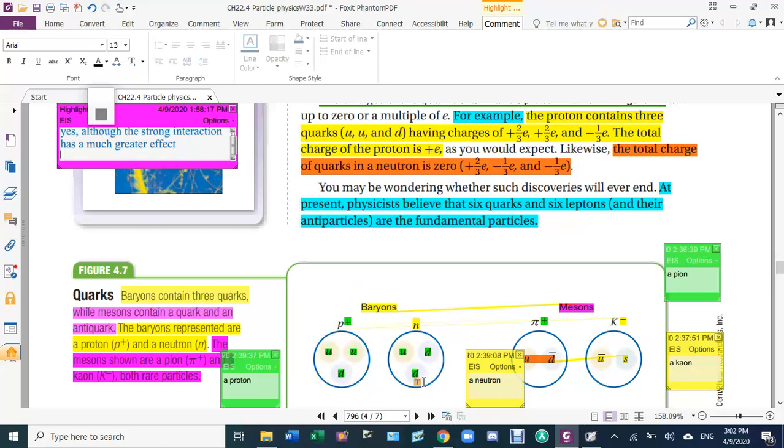Likewise, the total charge of quarks in a neutron, up, down, down: positive 2/3 e, minus 1/3 e, minus 1/3 e. The sum is 0, neutral.